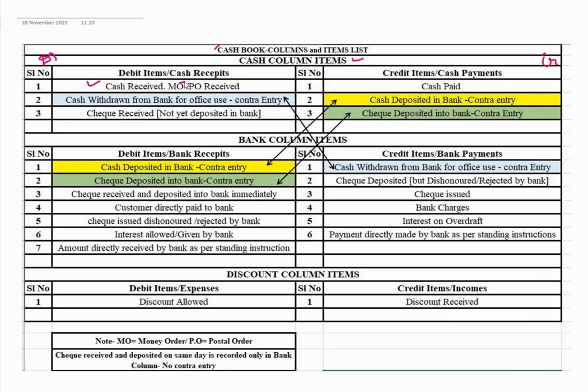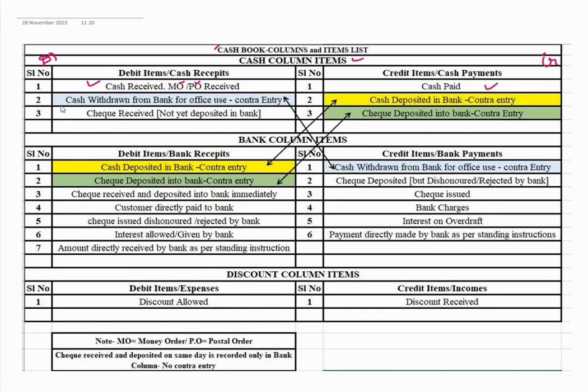MO or PO received. MO means money order, PO means postal order. Any form of money which we have received, that we need to debit. On the other side, the cash payments which we made, when we have paid cash to somebody, we need to record it on the credit side.